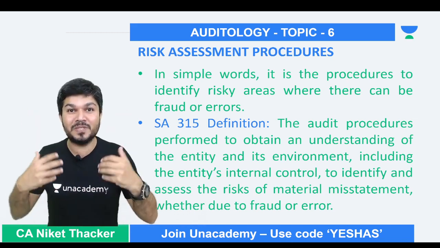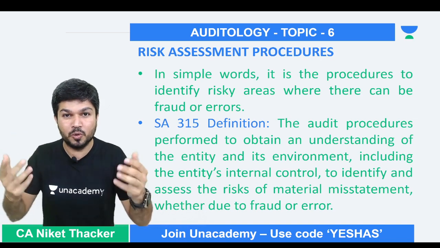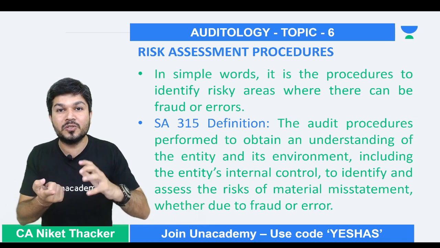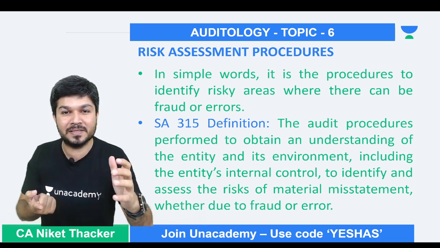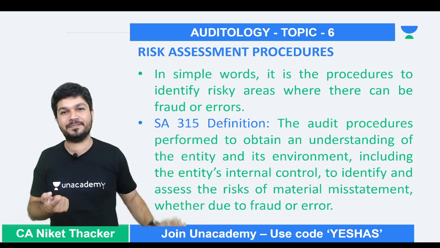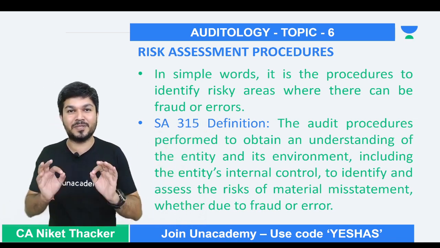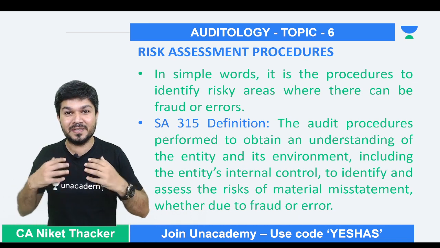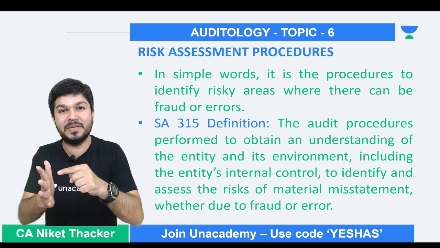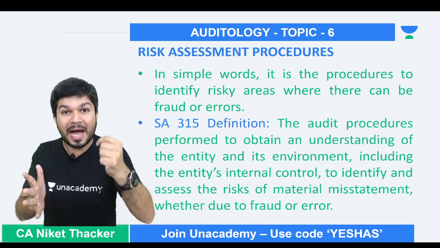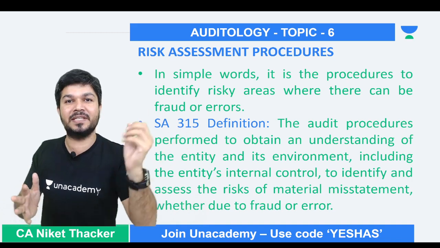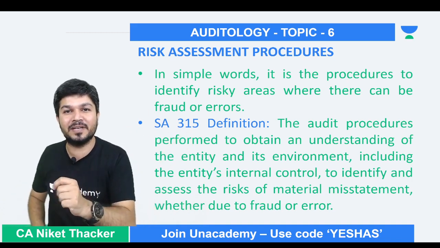So whatever audit procedures we do to obtain understanding of entity, environment, internal control so as to identify and assess the risk of material misstatement, whether due to fraud or error. I hope you're clear. The simple words, it's just the procedure which you do to obtain understanding of entity, environment, internal control. Why? To identify and evaluate the risk of material misstatement, risky area, whether due to fraud or error.